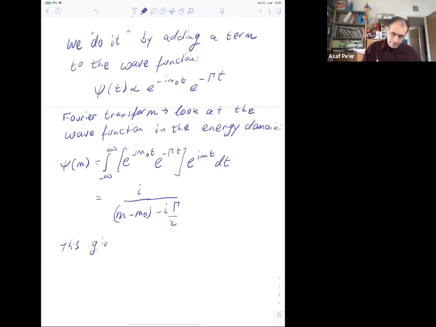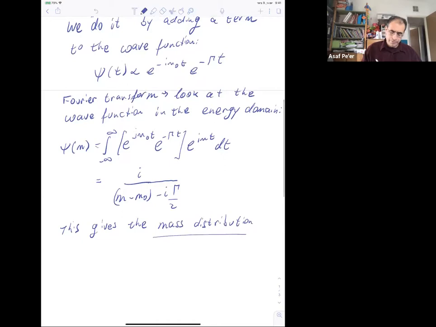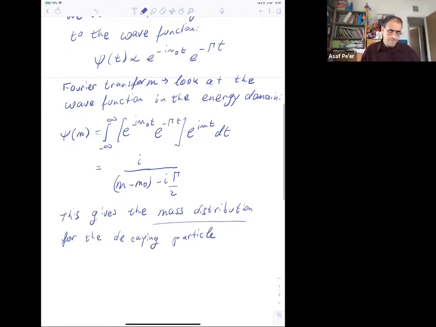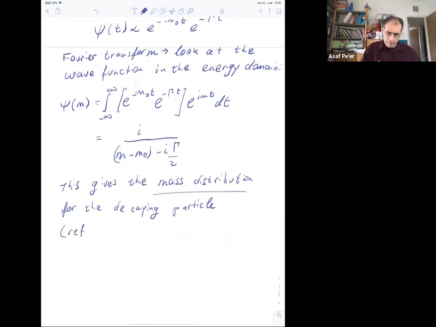This gives the mass distribution for the particle, namely, reflecting the probability of measuring it with mass m.